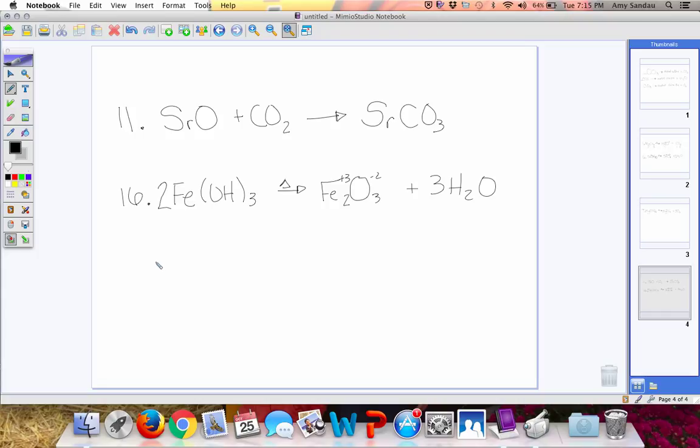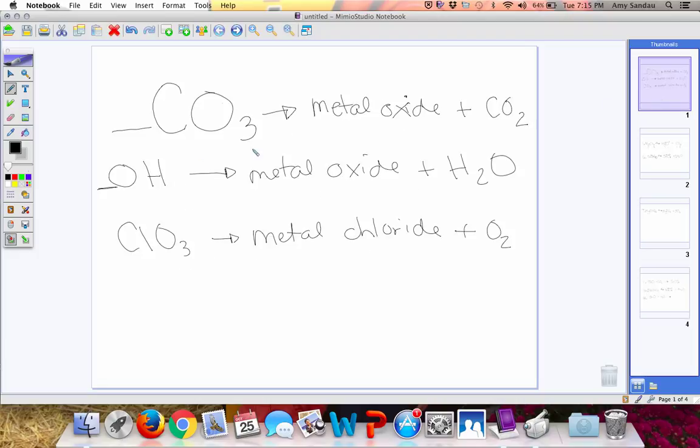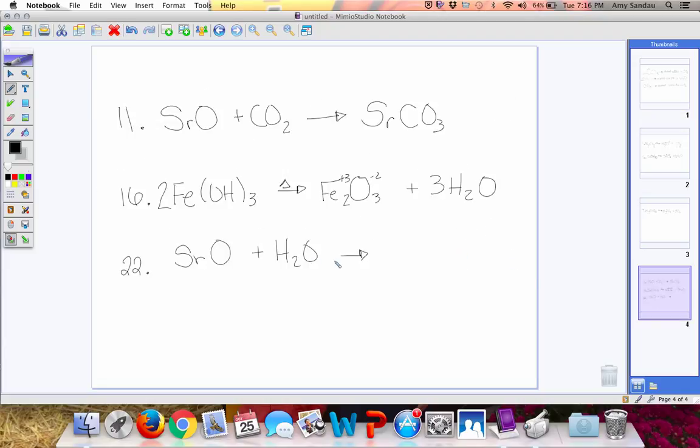Let's do another one that's a synthesis. If you see number 22 on the green sheet, that's another one with SrO, except this time it's added to water. So if we go back to our original rules, if we have a metal oxide plus water, we know that the product is going to be a metal with a hydroxide.